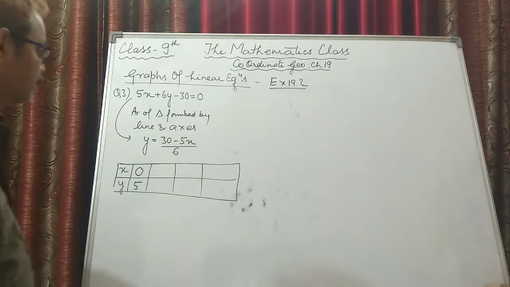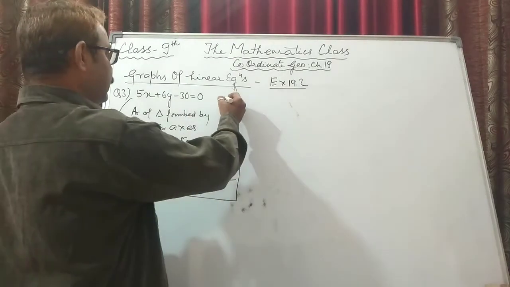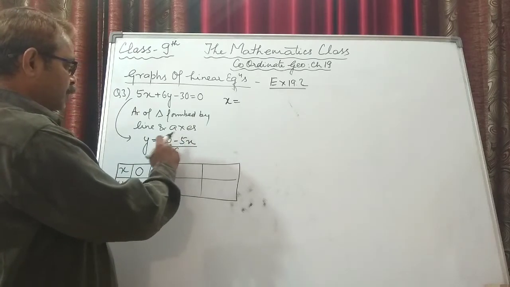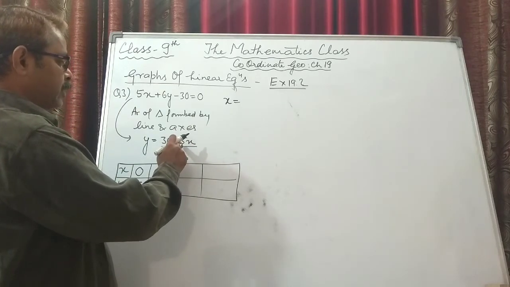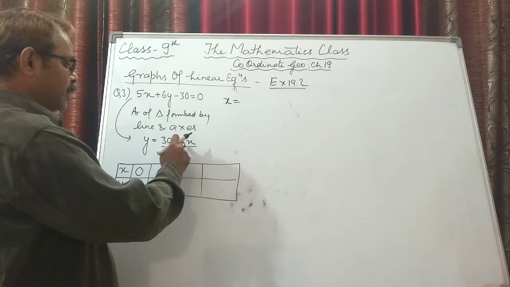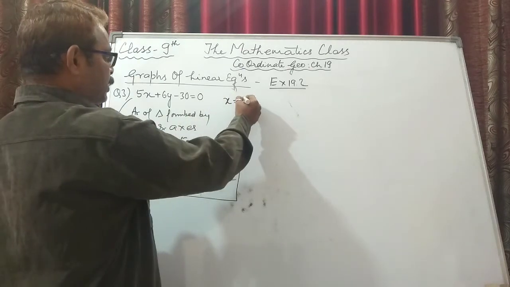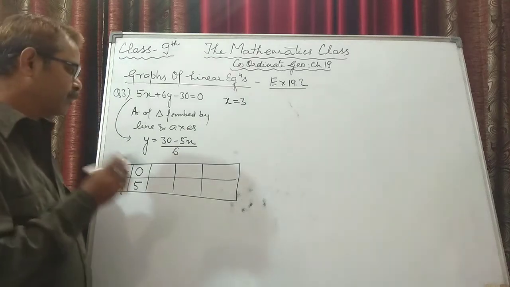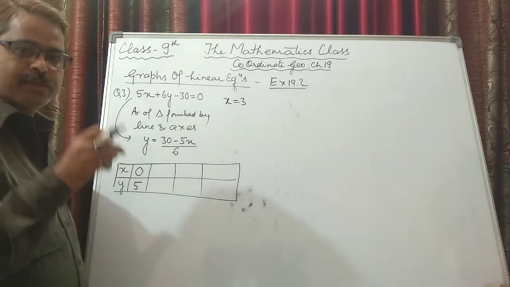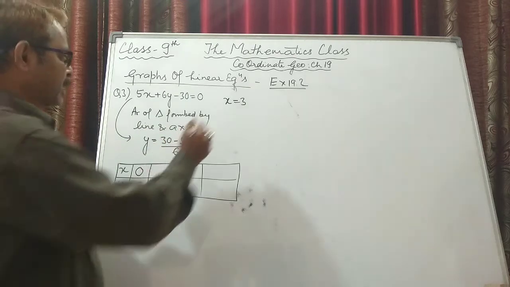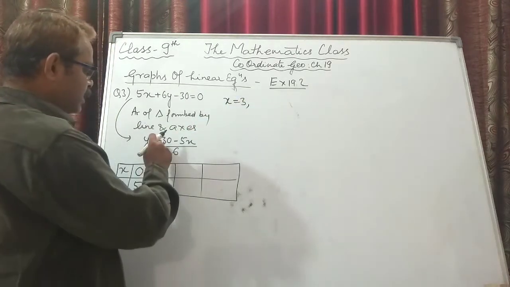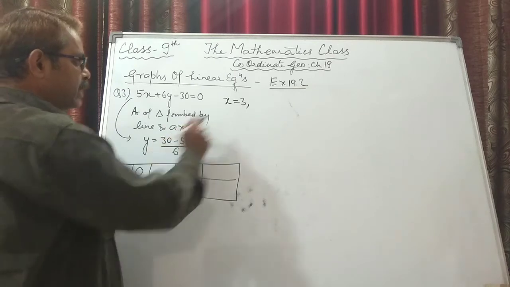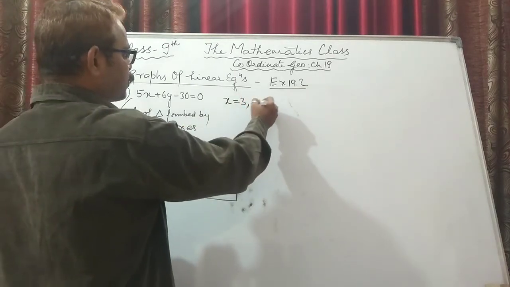Let us say x is equal to 3. Why I have taken 3? Because it will give the value of y in decimals. When x is equal to 3, 30 minus 5 3s are 15. 30 minus 15 is 15. Y will be 15 upon 6.